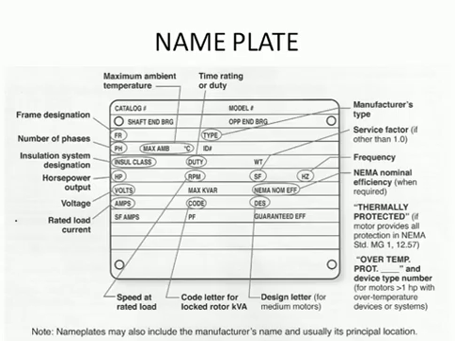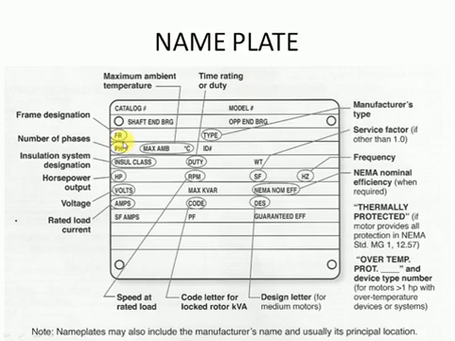I have just put a nameplate of an electrical machine. See, here you will be able to see this NEMA nominal efficiency. What is actually this NEMA? It is the specification which is being followed for this machine, and everything is mentioned in detail.